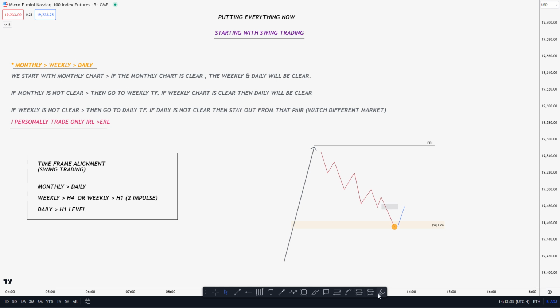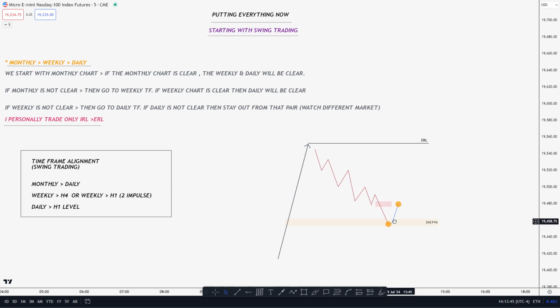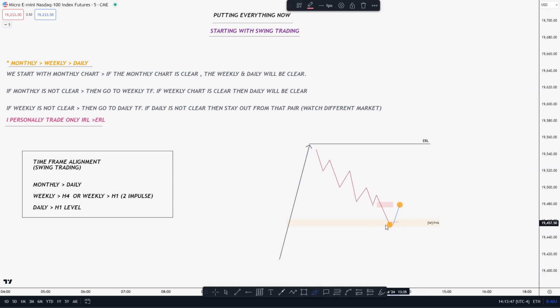From this low to this high, we traded higher on 4 hour, and let's say we are at this bearish fair value gap. When we traded from this low to this high, we have not created any bullish fair value gap, and we hit this bearish fair value gap.